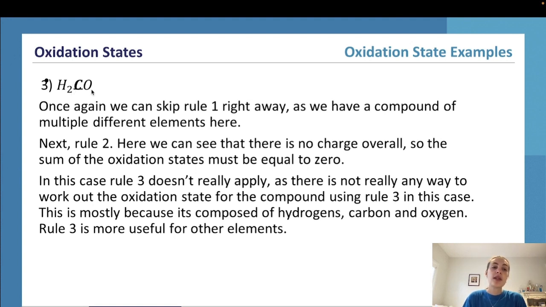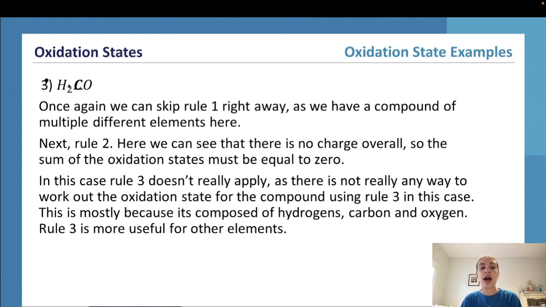So if we've already got to 0 and we haven't actually factored in the carbon yet, that means we need to say that the carbon actually has an oxidation state of 0. So when we're considering this, the carbon's not really participating in the oxidation if this compound were to participate in an oxidation reaction. We'll look into that a bit further in a moment. But essentially, we can say that this entire molecule has an oxidation state of 0.